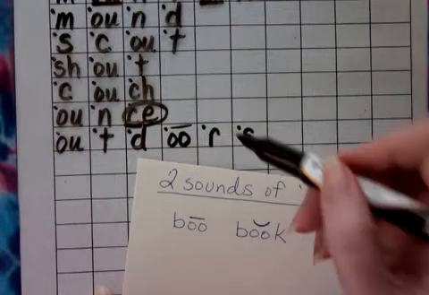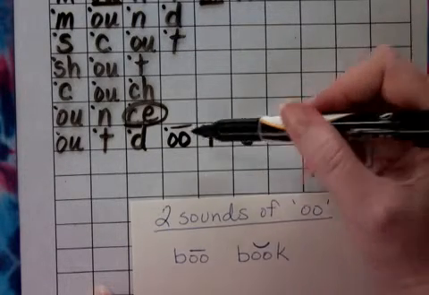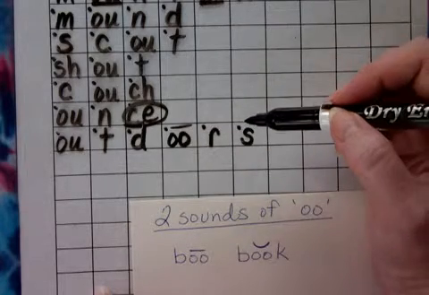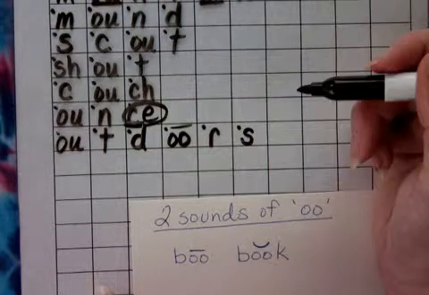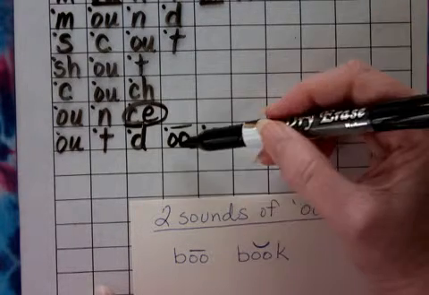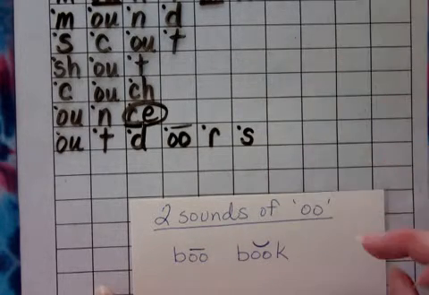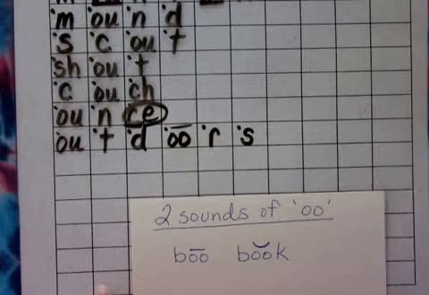Now, or typically is an R-controlled vowel, but because it's spelled with two vowels, it is not considered an R-controlled vowel. So the O, O, R does not go in one box. This is considered a vowel team that is making the O sound. It is not using the or sound. Outdoors.